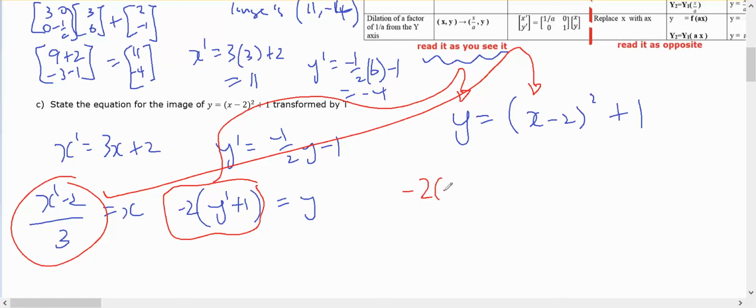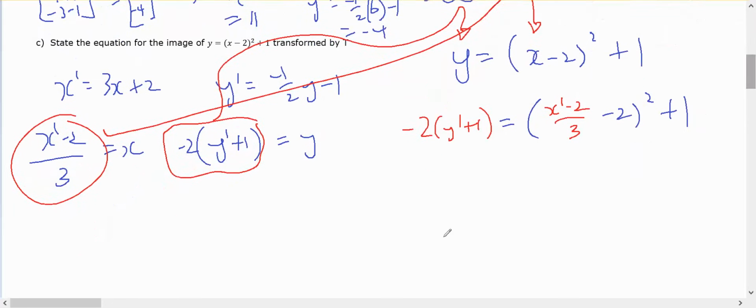So I get negative 2 (y dash plus 1) equals ((x dash minus 2) on 3 minus 2) squared plus 1, which gives me y dash plus 1 equals negative a half (...) squared minus a half.